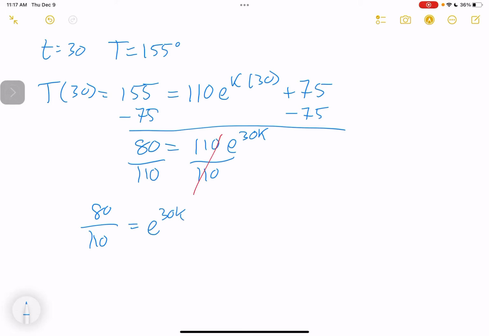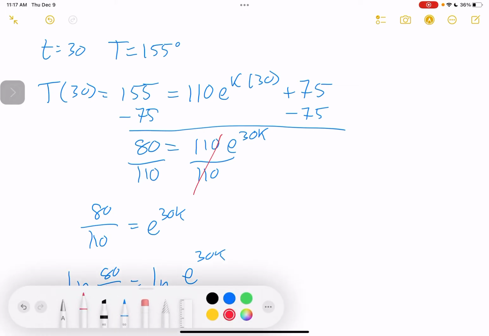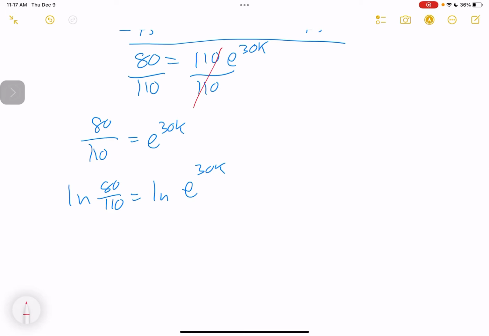So we're trying to get this k, and that's a power of e, so we have to do a logarithm base e, which is natural log. So I'm going to do the ln of 80 over 110 equals ln, or natural log, of e to the 30k. And we do that because natural logs have the inverse property of an exponential, exponential base e.